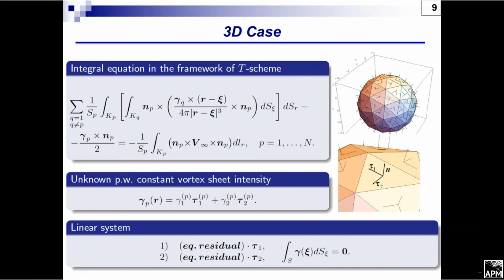We consider vorticity to be expressed as a linear combination of tangent vectors, piecewise constant on each triangular patch. In order to obtain the equations for these coefficients, we project the residual of this equation onto two tangent vectors. So we obtain a linear system.